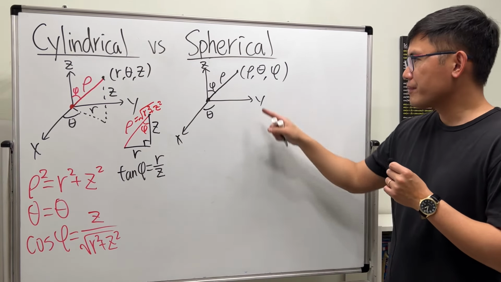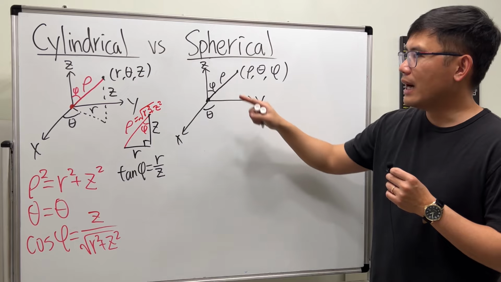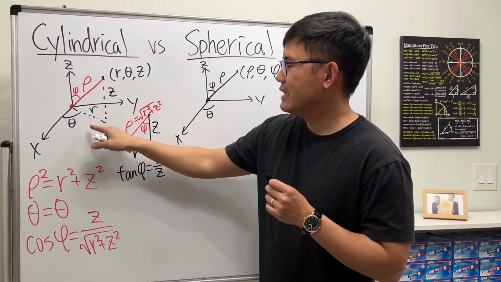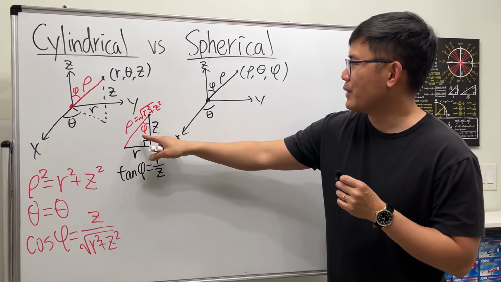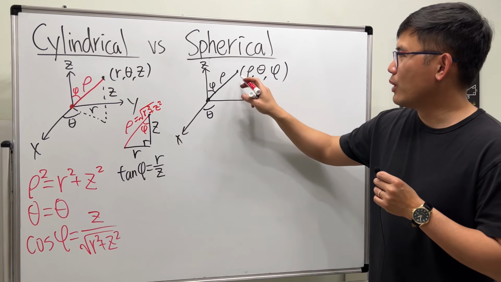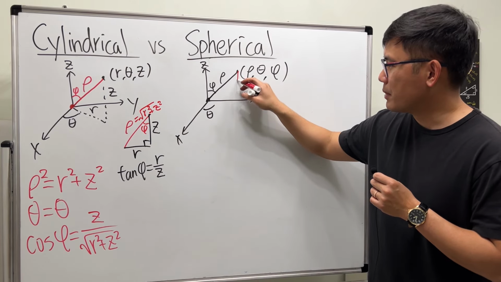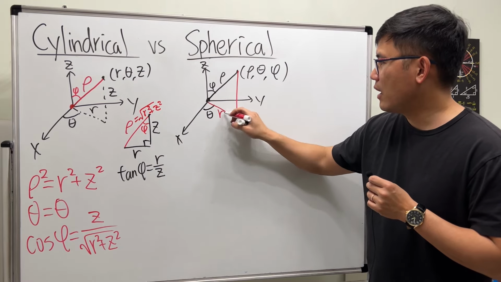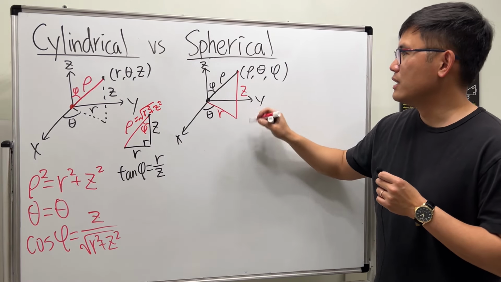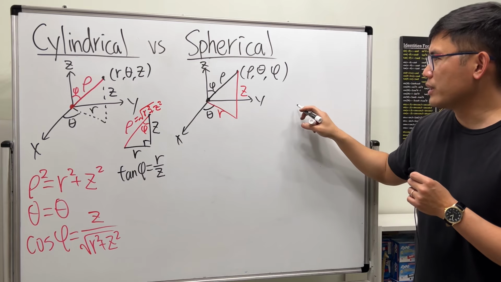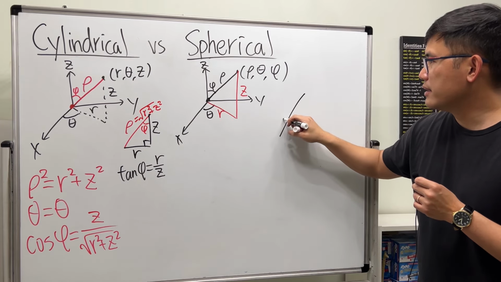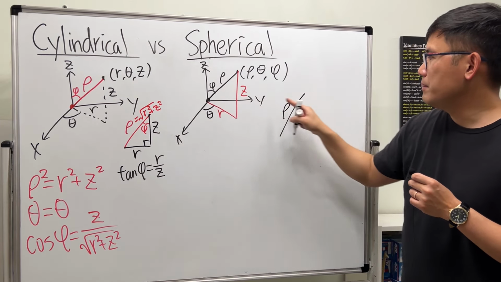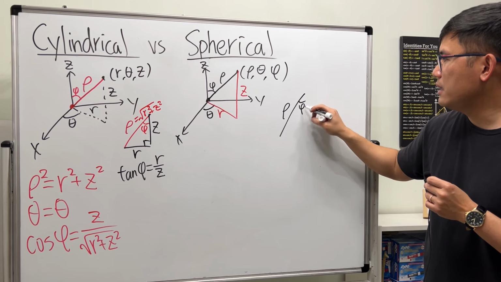Alright, finally, if we have spherical, how do we get to cylindrical? Here we go. If we are given rho, how can we get to r? Let's take a look right here at this picture. We have rho, we just have to drop the perpendicular line down, and then here is the r. And of course, this is also z. So we have this triangle. So this right here is rho. This is v, but this right here is also v.